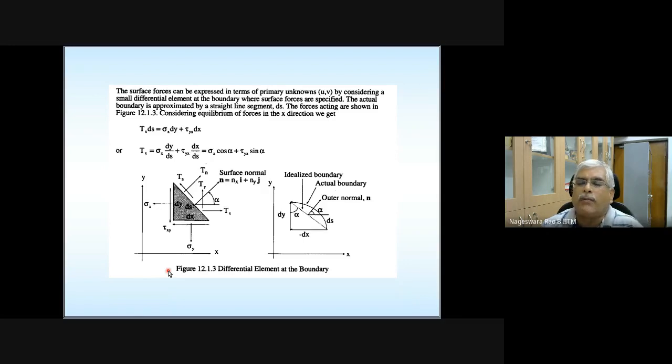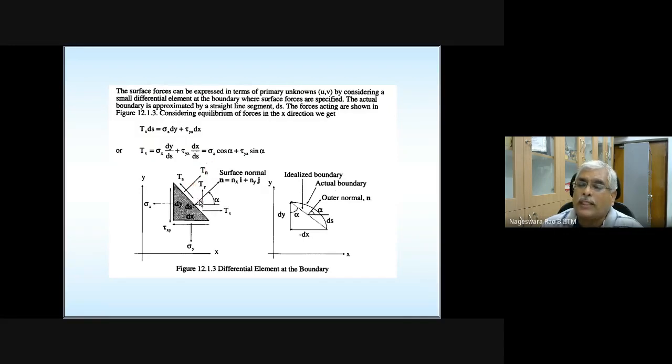Because each of you may use a different xy coordinate system, I don't know which one you are using, so I cannot specify what Tx, Ty are. Tx, Ty depend on the designer or whoever is analyzing the problem. But the actual thing is we specify the force tangential to the surface or normal to the surface. Force applied tangential to the surface is denoted with TS. Force applied normal to the surface is denoted with TN.